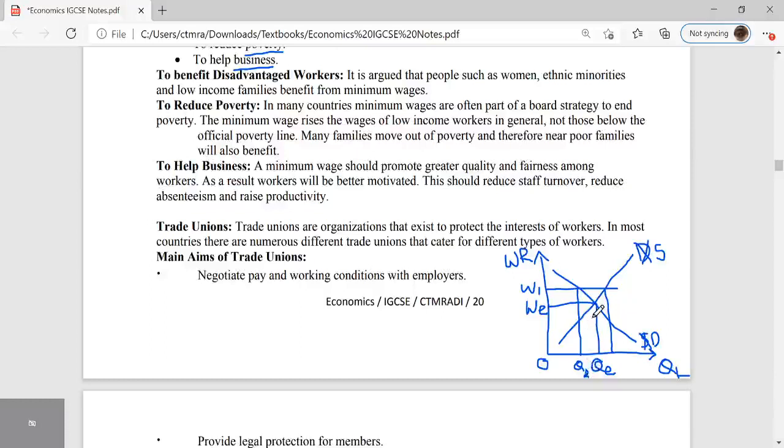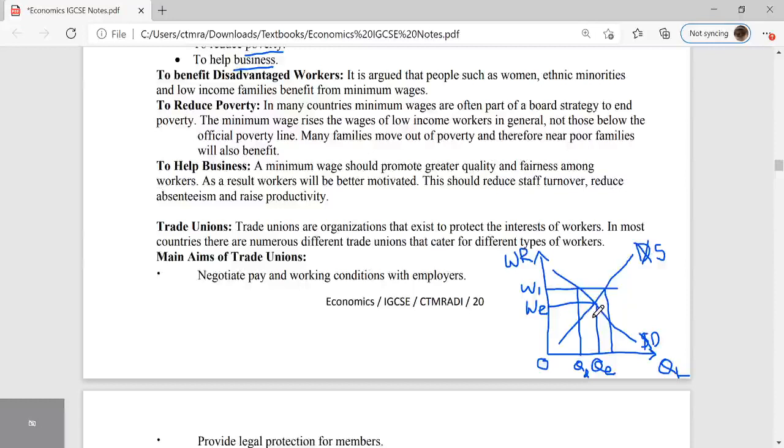Now the firms have to pay more to the labor, so the labor cost is rising. To cope with this situation, some of the firms may fire some of their workers. They'll try to produce with a lower number of workers because the production cost is rising. So demand may fall, and this is a bad thing, right?